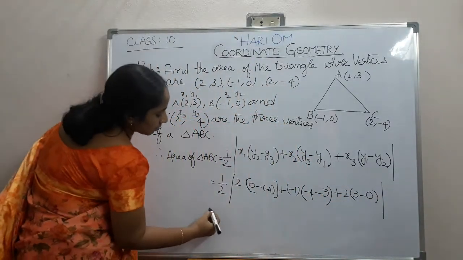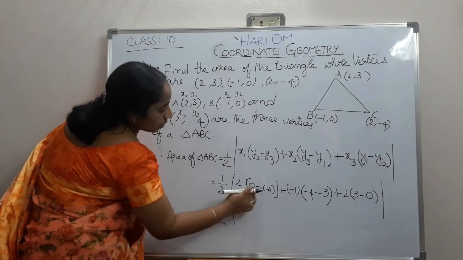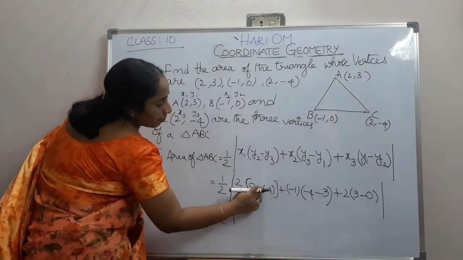That is equal to 1 by 2 modulus of: minus of minus, plus 4.